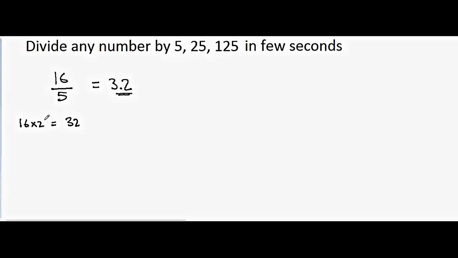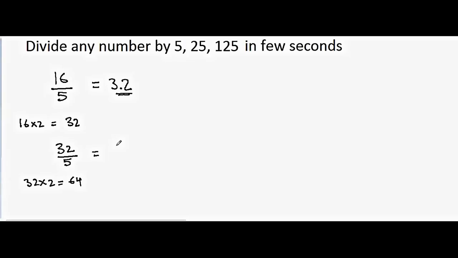So what I did is I just doubled the number, and then I put a decimal after one digit on the right. Again, suppose I have 32 and I want to divide it by 5. In this case the answer will be 32 times 2, which is equal to 64.